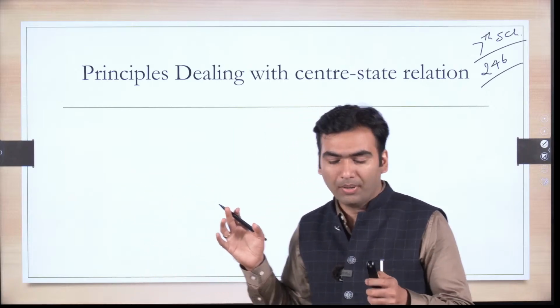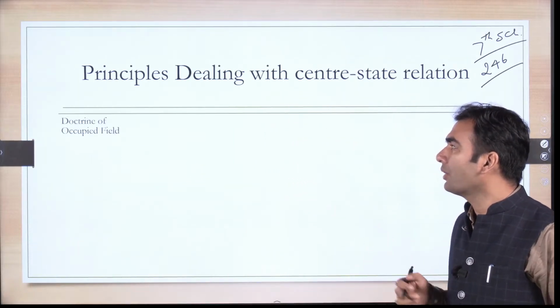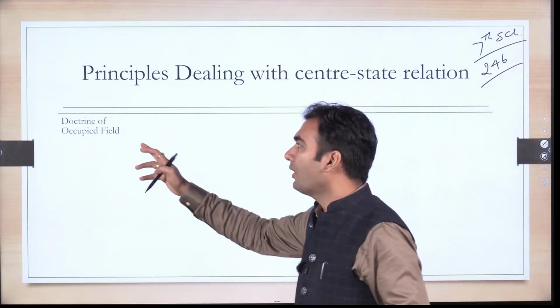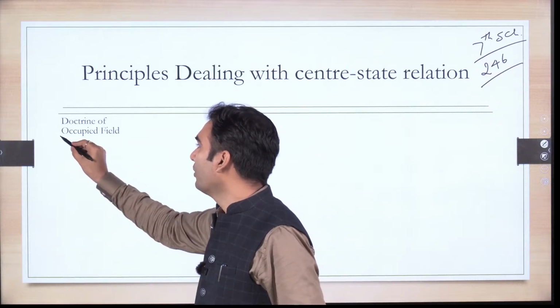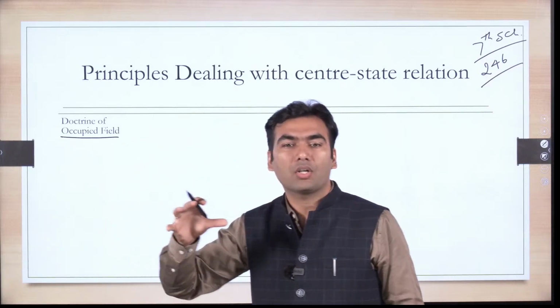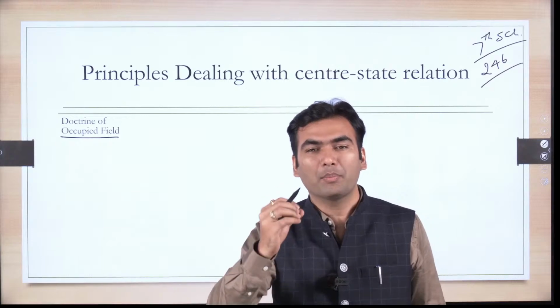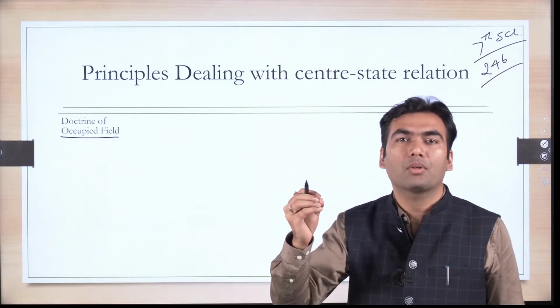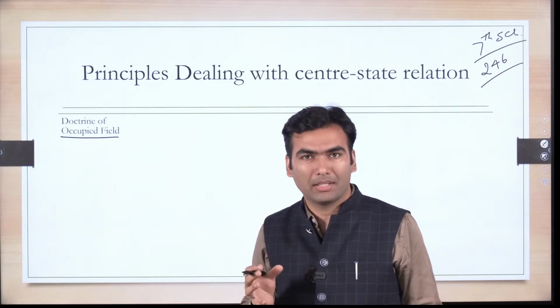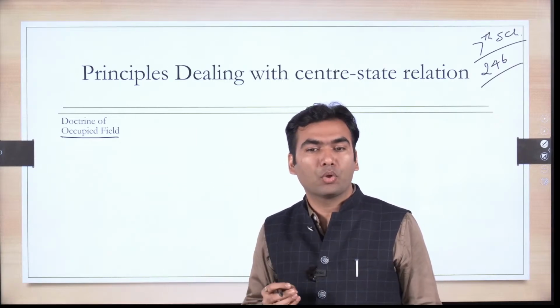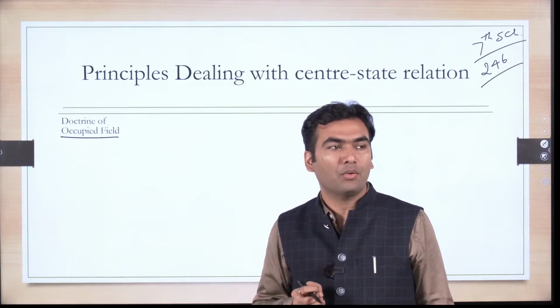So the first principle that we are going to see is the doctrine of occupied field. As the name suggests, occupied field means the field is already occupied. So it simply says that if on a particular field both center and state have the jurisdiction, where both center and state will have jurisdiction, can you tell me?